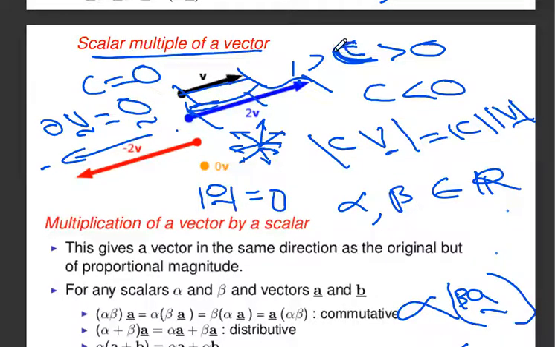If the scalar is bigger than 1, the resultant one would be bigger than this vector. But the direction does not change because it is positive. If it is negative, the direction changes.